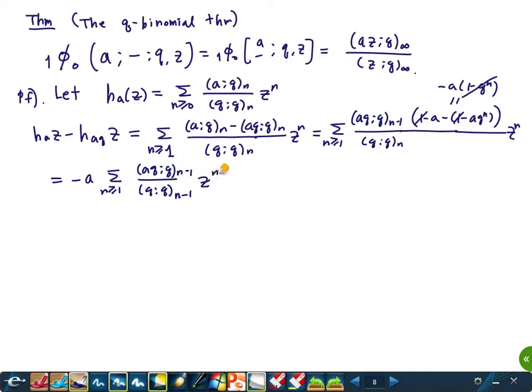Do you see? Because this has 1 minus q, 1 minus q squared, up to 1 minus q^n, the last factor will be cancelled with that. And we factor z out, az, and then it begins with 0 now. We replace n by n plus 1, then z^n, which is minus az H_{aq}(z). Oh, I forgot to have this parenthesis.